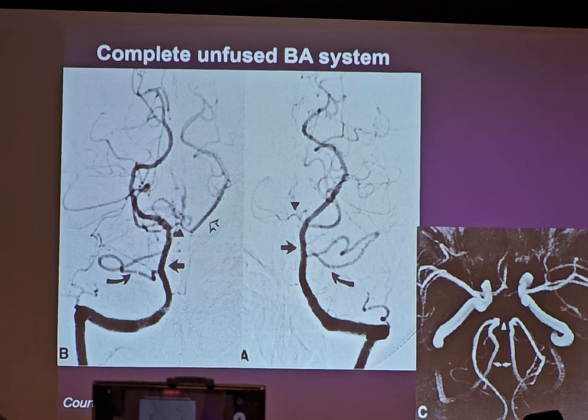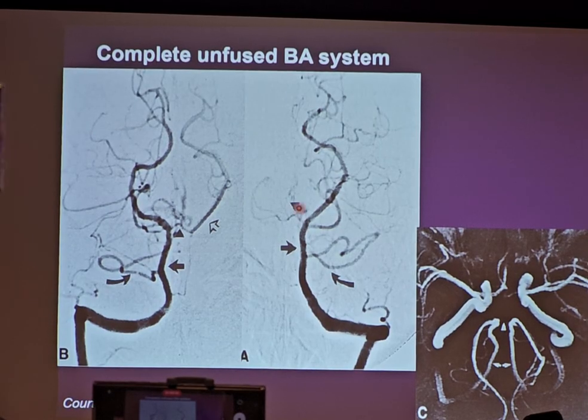This is a classic case that Jacques Young and Pierre put forward many years ago, where the worst extreme example is a separate, totally unfused segment of the basilar trunk. This is super rare, but it's classic to have a look at.